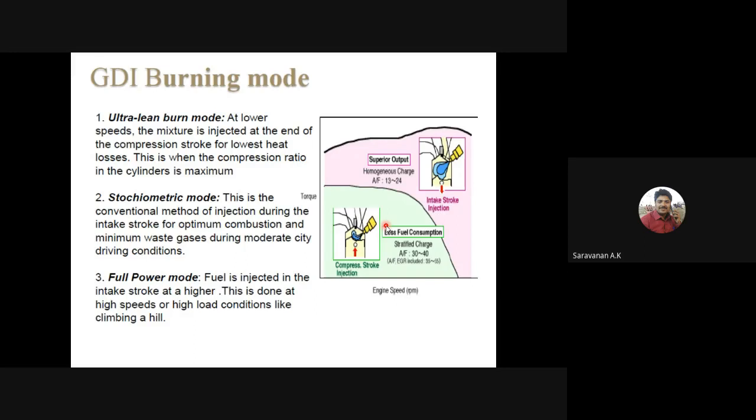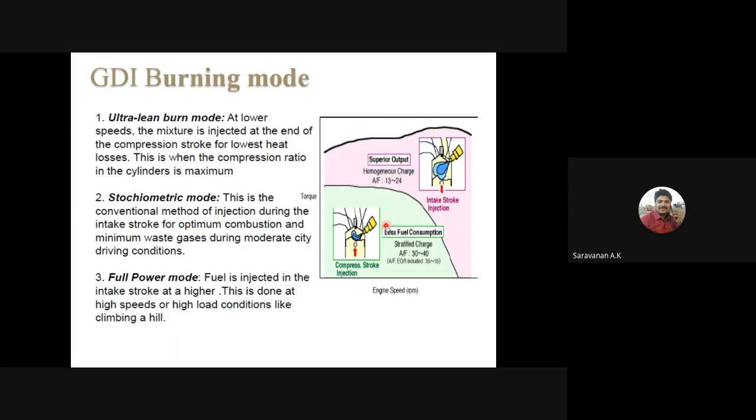In the GDI engine, we can see them one by one, right? The first one is the ultra lean burn combustion mode. Under normal driving conditions, up to a speed of 120 kilometers per hour, the GDI engine operates in ultra lean combustion mode.